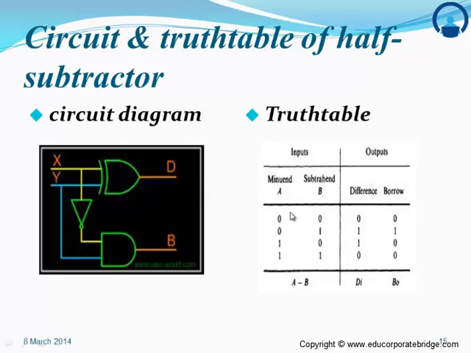Now let's study the truth table for the binary subtractor. As I said, minuend is a and subtrahend is b. Here in this case, minuend is x and subtrahend is y. So let's study the variations.